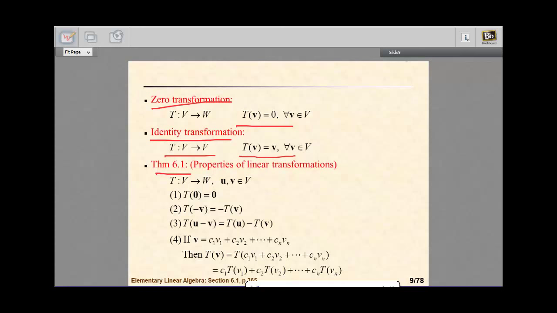Next, the transformation of u minus v will be equal to the transformation of u minus the transformation of v. And similarly, if v is equal to c1v1 plus c2v2 plus up to cnvn, then the transformation of v will be equal to c1 times the transformation of v1 plus and so on. In this way we can say that.